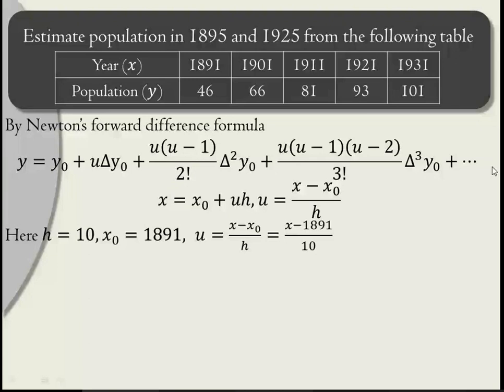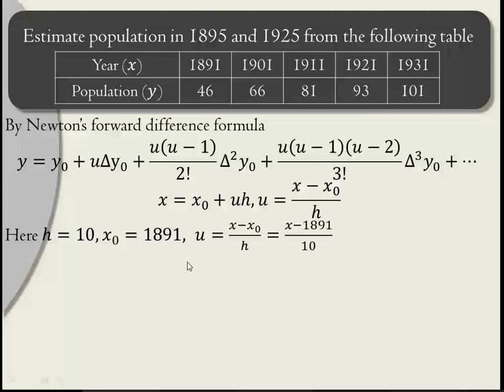That is, u will be x minus x naught divided by h. X naught is the first value, 1891. So using that, h is the difference between these two values. And you can see the difference between any two successive values of x is nothing but 10. So h is 10. So u will be x minus 1891 divided by 10.